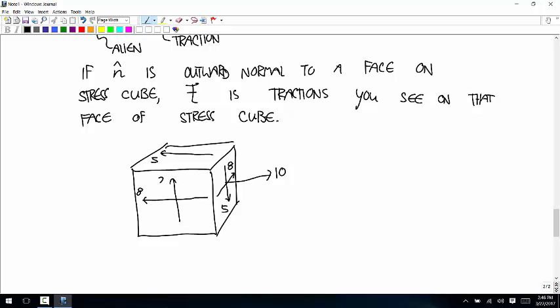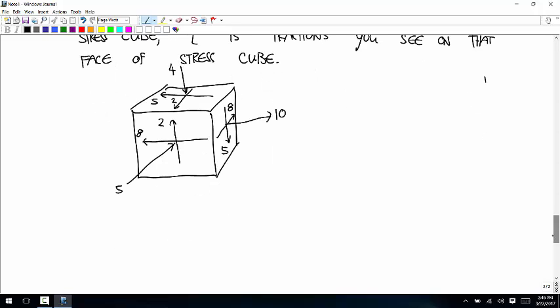And then 2, symmetry says this has to be 2. And then 4, and then 5. So that's a state of stress at a point.